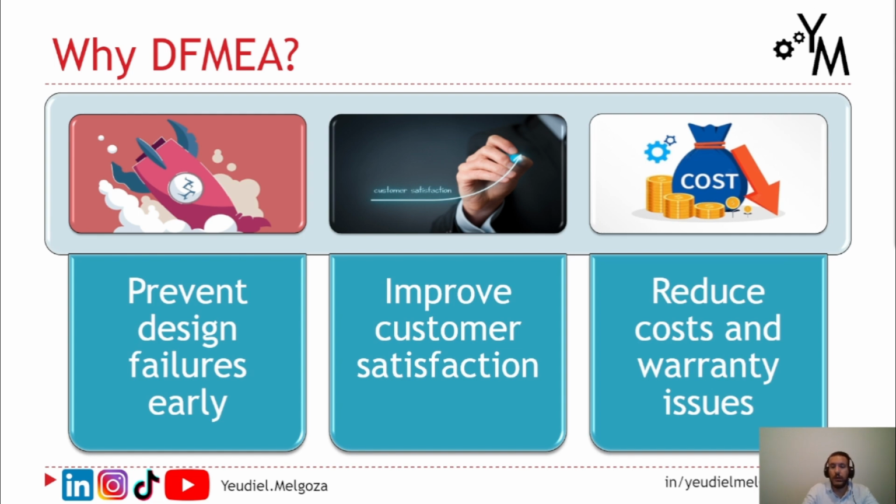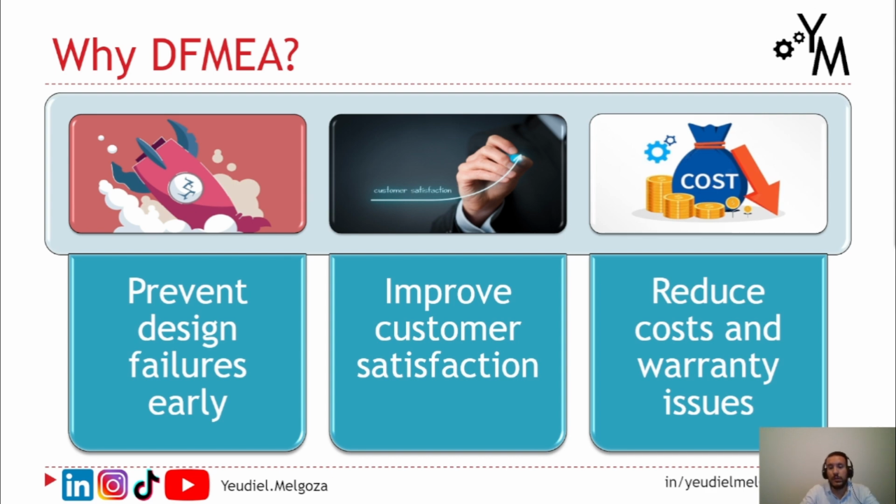The cost of a failure skyrockets once your product hits the customer. It is really critical to avoid any claim by the customer, where the customer finds any kind of rejection or non-conforming material at their facilities because of our products. So we need to work in a preventive way to avoid these kinds of issues.